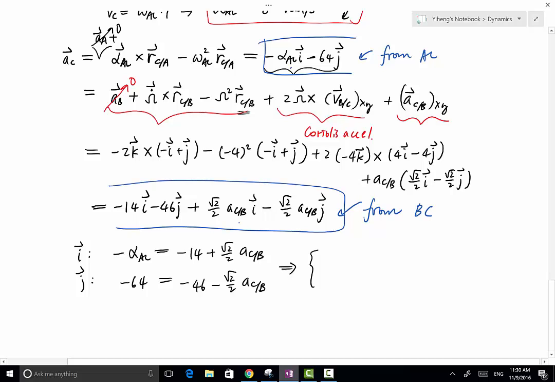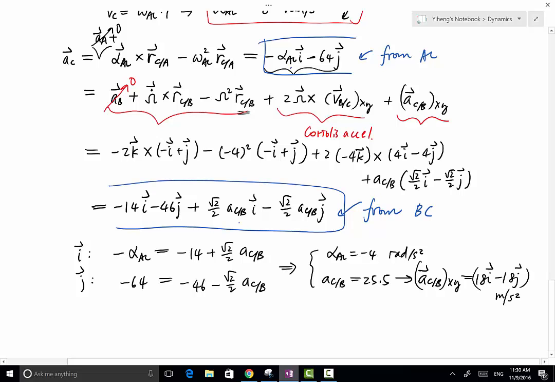If we simply add these two equations together, we can solve for alpha_AC. Alpha_AC is negative 4 radians per second squared. If you want to solve for a_C/B, it equals 25.5, which means that the relative acceleration as a vector equals 18i minus 18j in meters per second squared.